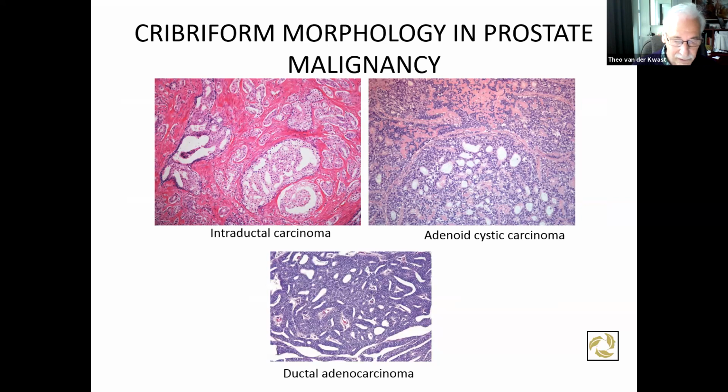Further, ductal adenocarcinomas may also display cribriform morphology, generally in the context of areas with the typical papillary features of ductal adenocarcinoma, but sometimes larger areas of cribriform pattern can be seen. Here the tumor cells have a more cylindric or columnar appearance.